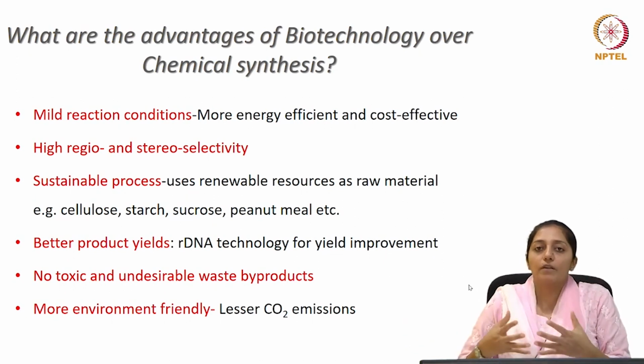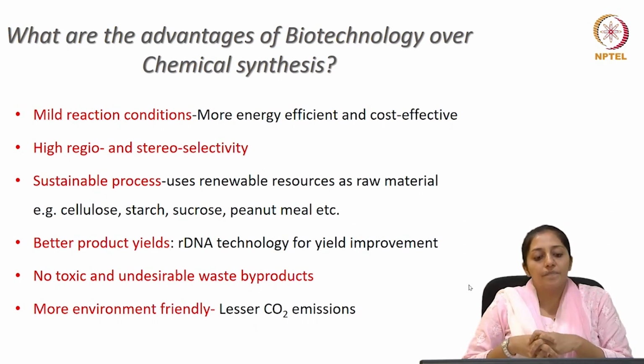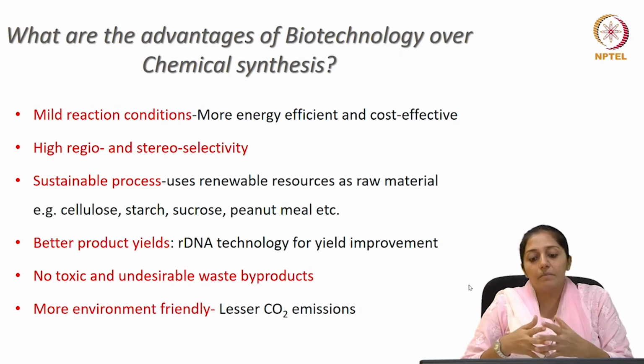Now, how can biotechnology be better than chemical synthesis? As you can see on the slide, biochemical reactions can be carried out under milder process conditions, so they become more energy efficient and more cost effective.